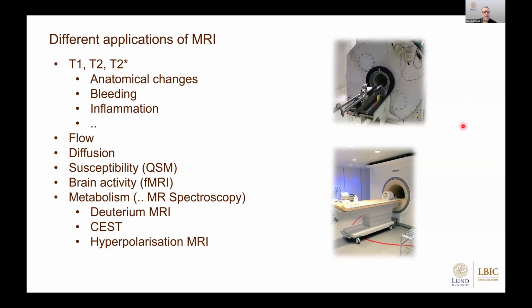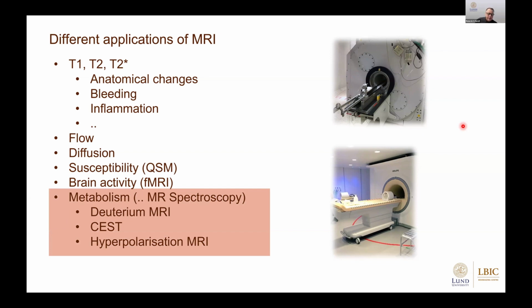So if you just name them as they are, there are different applications. As I said, we can look at anatomical changes, bleeding, inflammation. We can look at flow and diffusion, susceptibility, basically iron content, brain activity, what's called functional imaging, and at the end we have our metabolism.